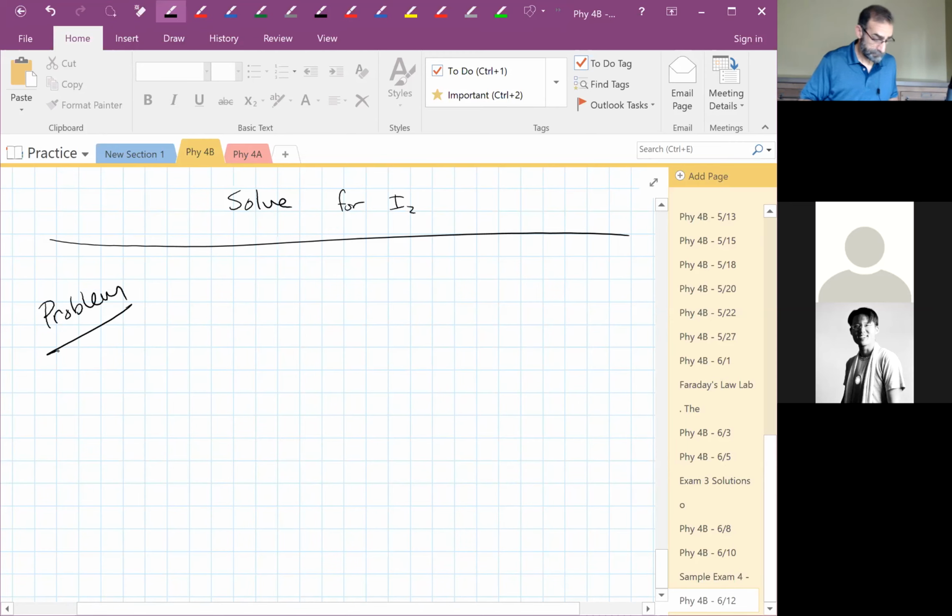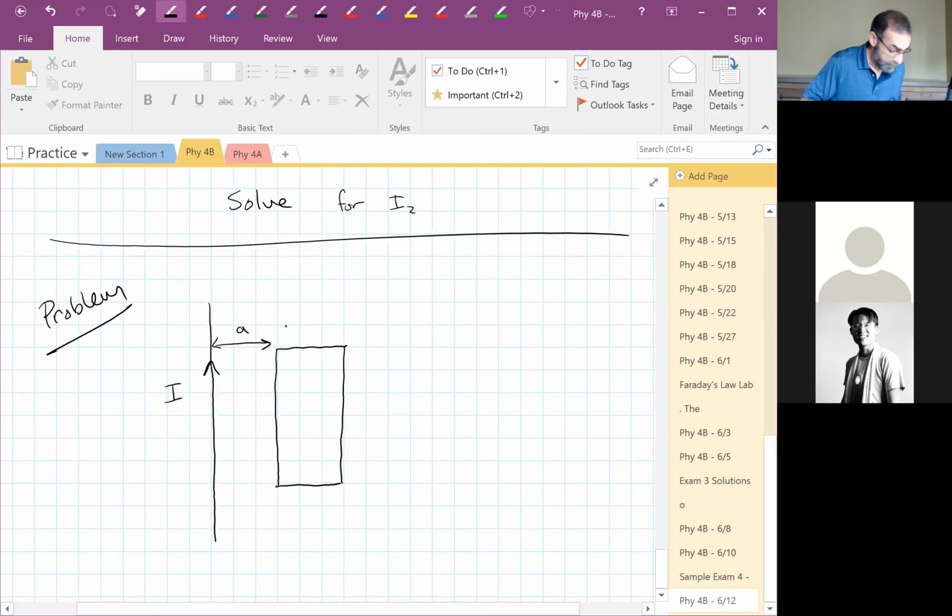So we've got this set up, and a loop of wire over here. This is A and B and C.